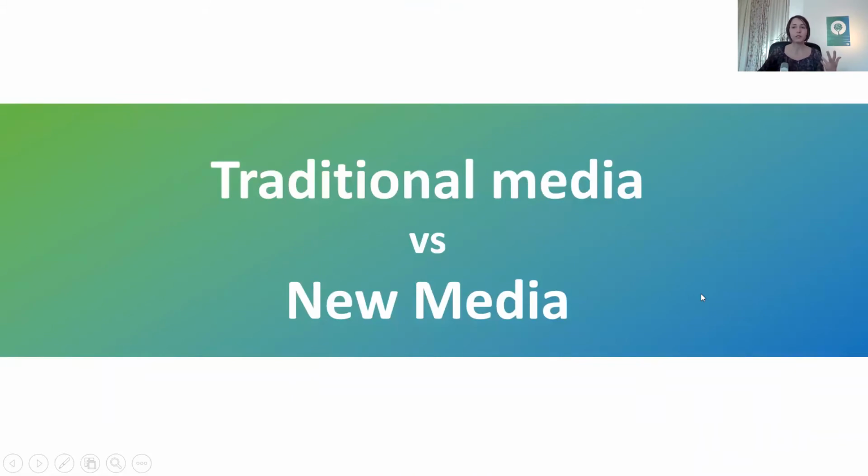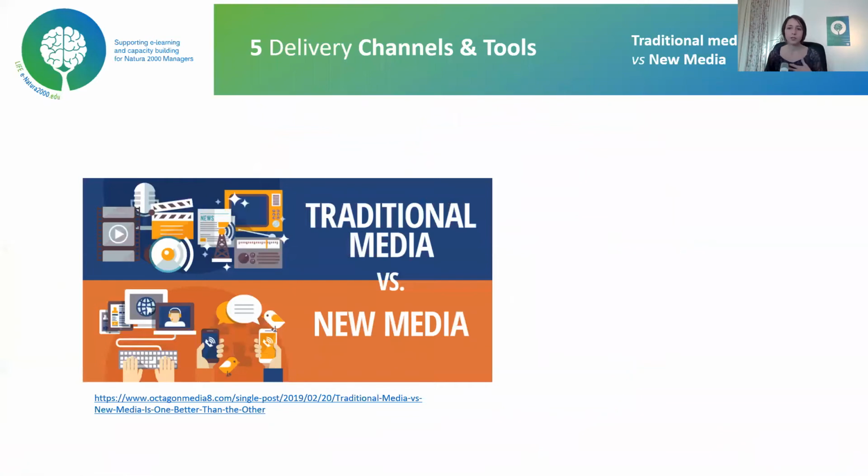Well, the first thing we need to start with is to understand the difference between traditional media and new media. So basically traditional media, it's all the mass media communication tools that existed at least 50 years ago, right? The new media is all the social media networks.